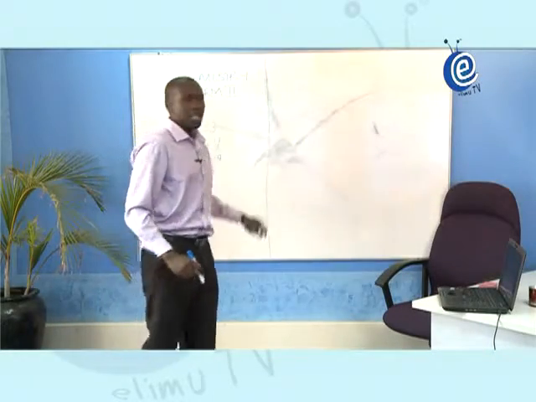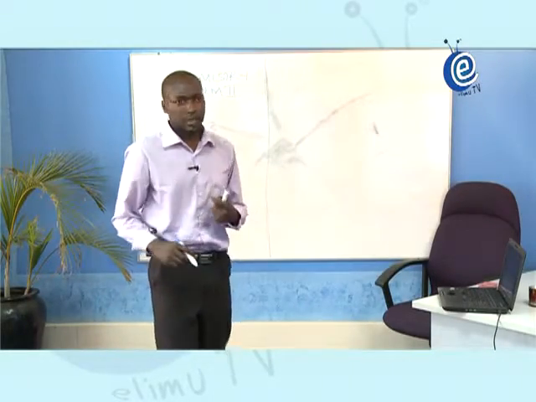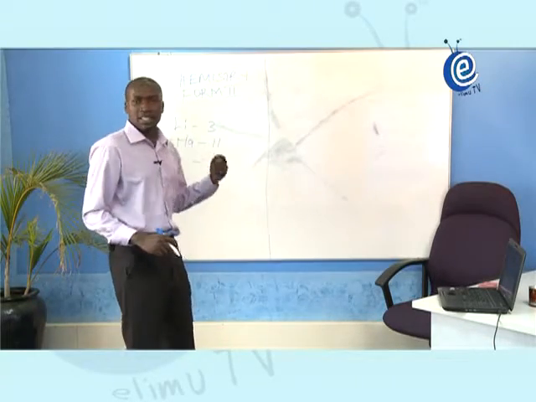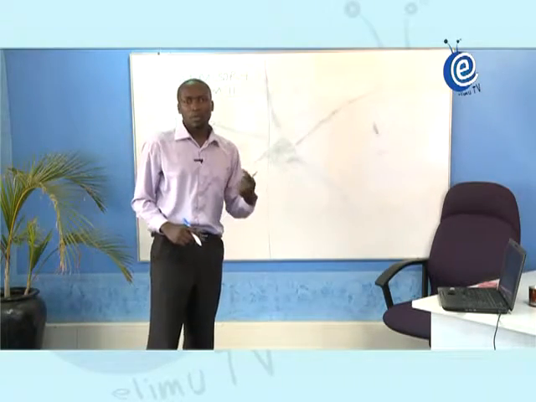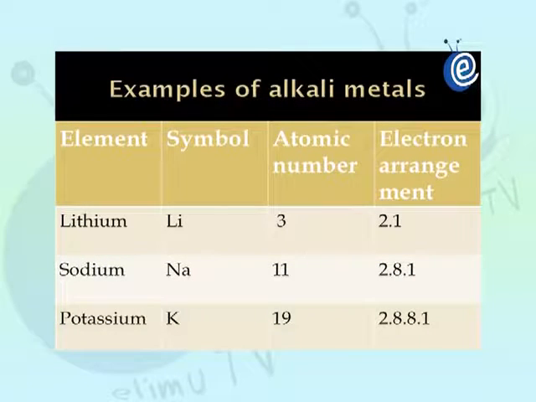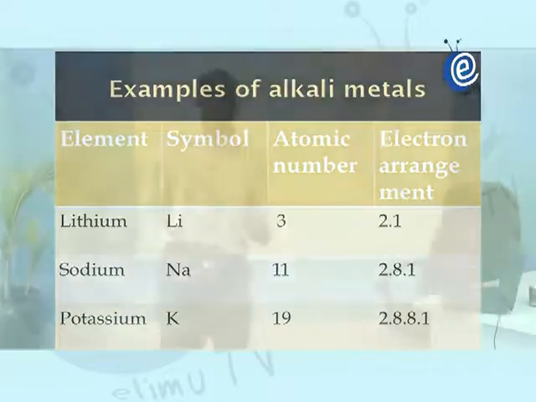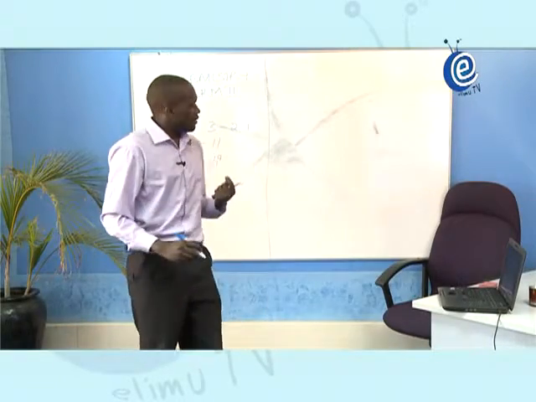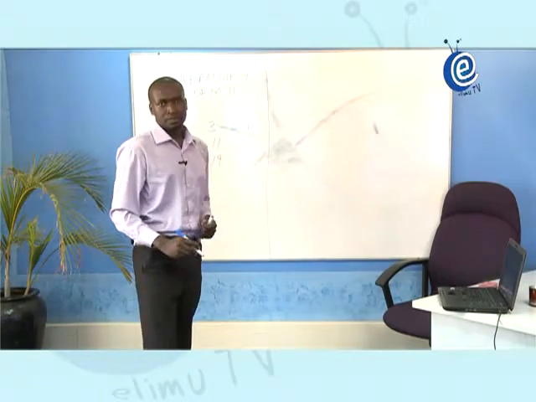So if you check the electron arrangement of these elements, for lithium, the first energy level will take a maximum of 2 electrons. So we'll have 2 to 1. 1 electron goes to the second energy level. Let's go to sodium.